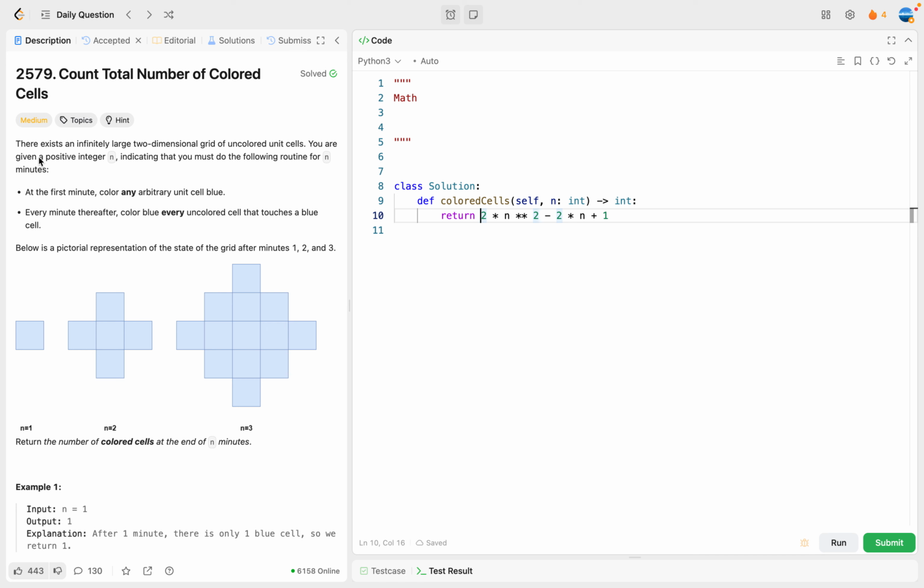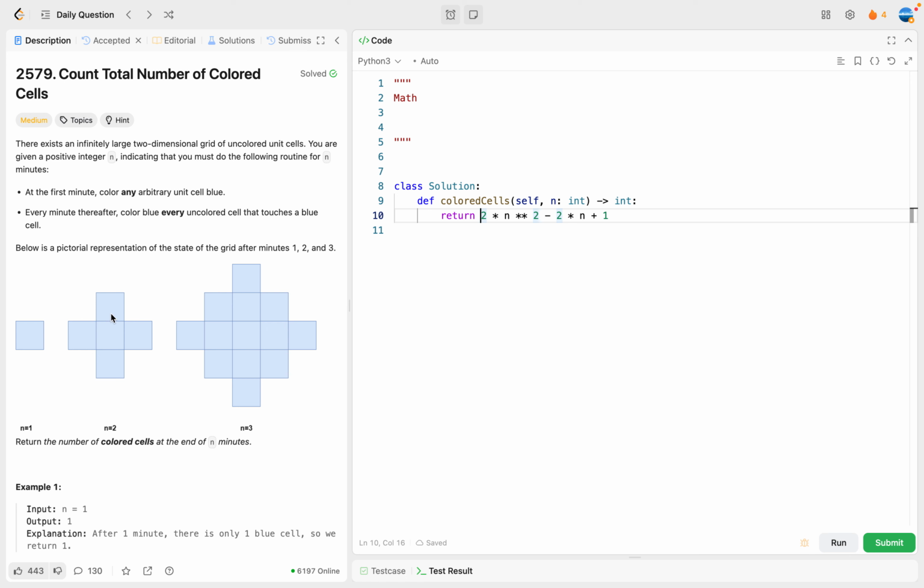First let's quickly look at the requirement. We are given a two-dimensional grid of uncolored cells. Also we are given a positive integer n. At first we color any arbitrary unit cell blue, and then every minute thereafter color blue every uncolored cell that touches a blue cell edge.